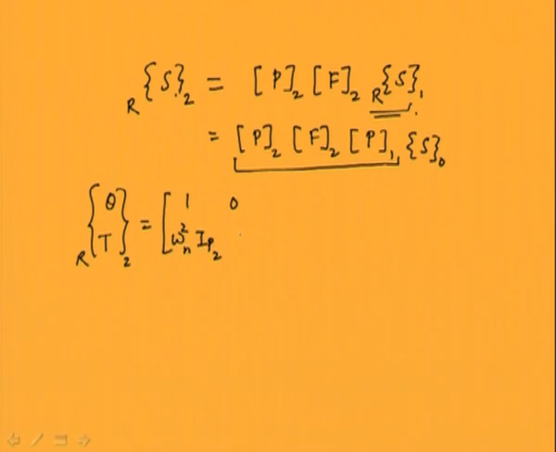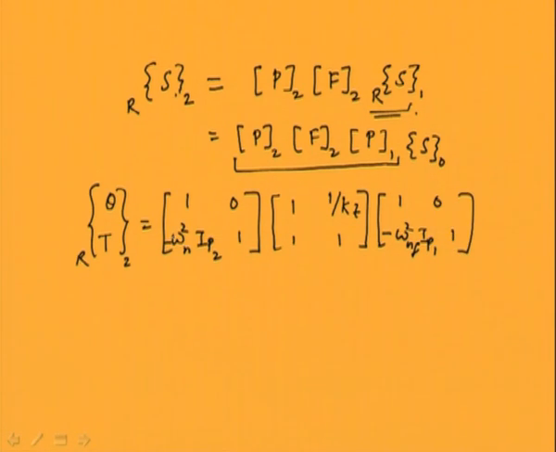This is the point matrix for disk 2, then the field matrix for the shaft is this, then the multiplication of the point matrix for disk 1, minus will come here also in this place, then the state vector theta and t at 0th station.